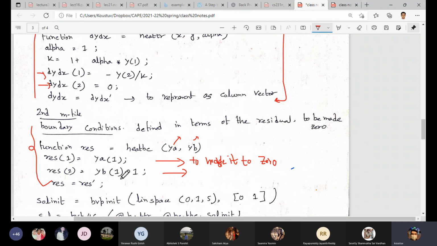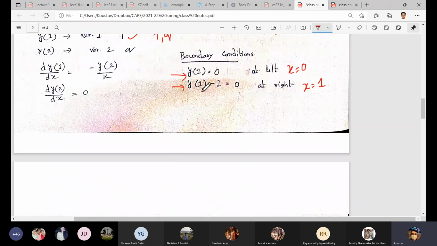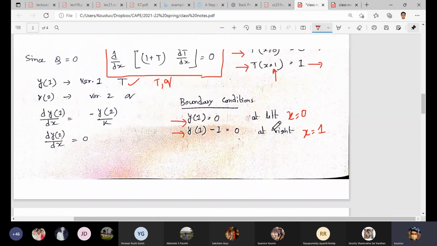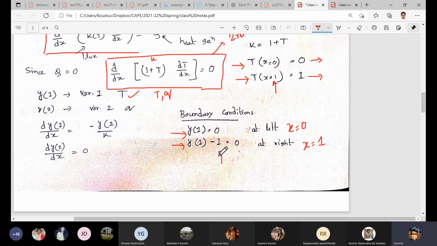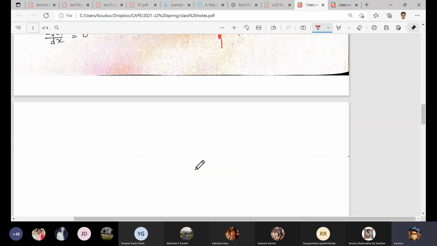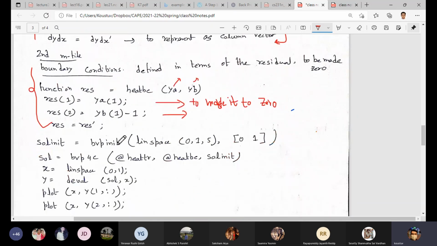So I think the boundary condition was like this: y1 at right equals 1. So we made it in this functional form, where the right hand side is basically 0. So the residual just creates that syntax in Matlab. When you put the values in the functional form, it makes the function equal to 0.